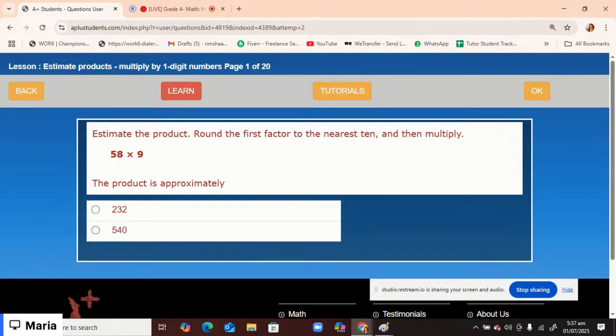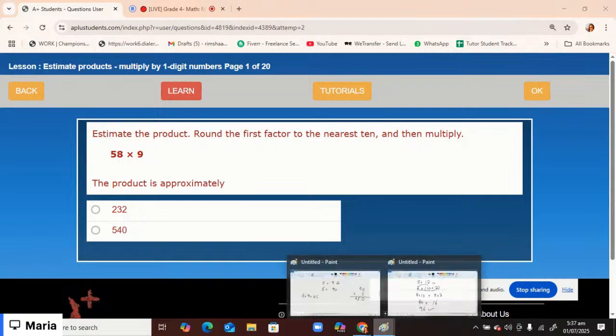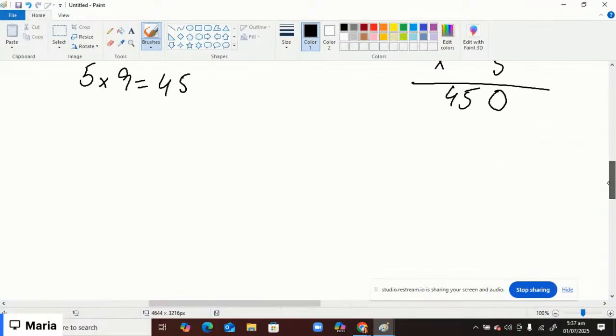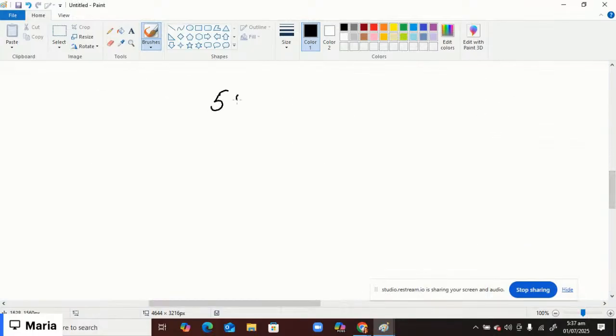Estimate the product, round the first factor to the nearest 10 and then multiply. The product is approximately 58 times 9. First of all, tell me, can 58 be rounded up or rounded down?